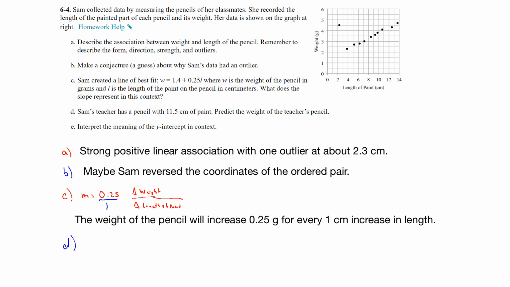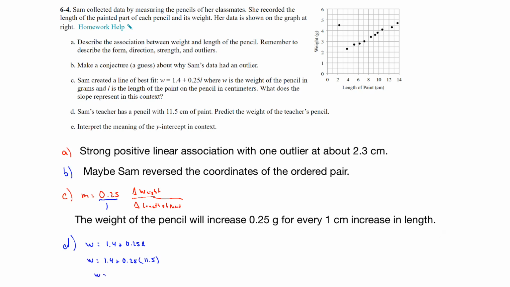Part D. Sam's teacher has a pencil with 11.5 centimeters of paint. Predict the weight of the teacher's pencil. So if we're going to use the equation W is equal to 1.4 plus 0.25 L, where W is the weight of the pencil and L is the length, then we want to know what the weight is. So we'll say W is equal to 1.4 plus 0.25 times the length, which was 11.5.